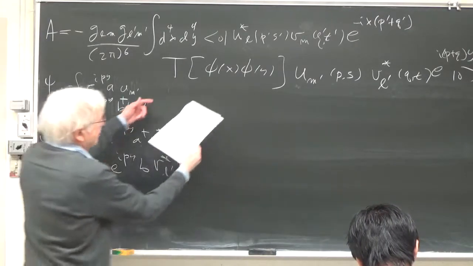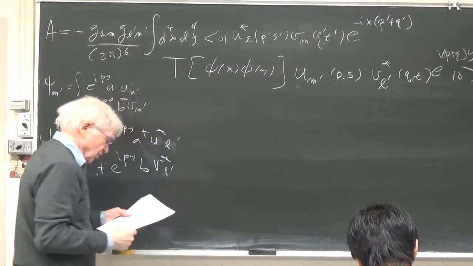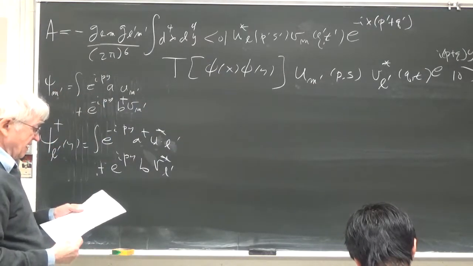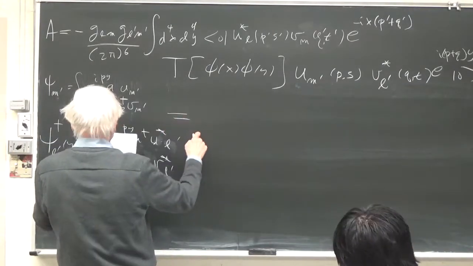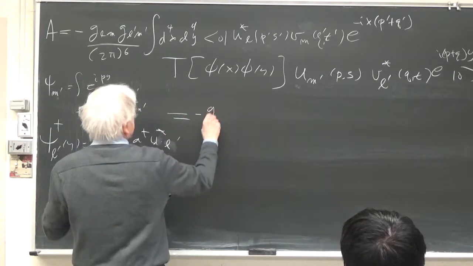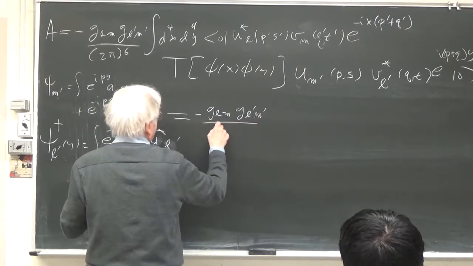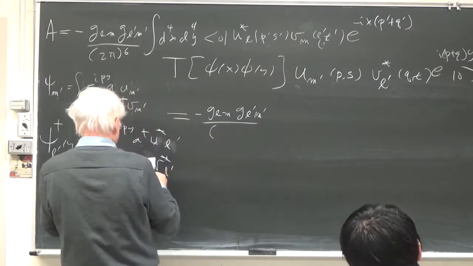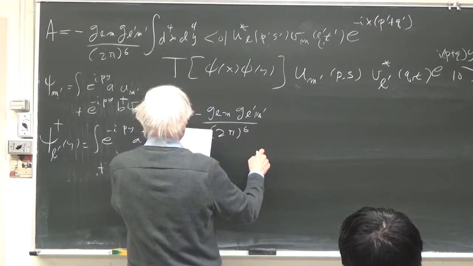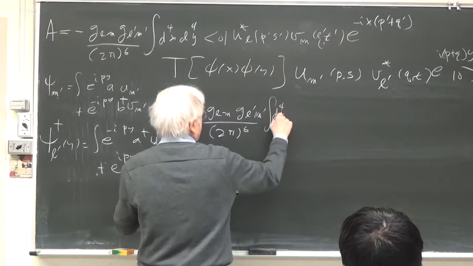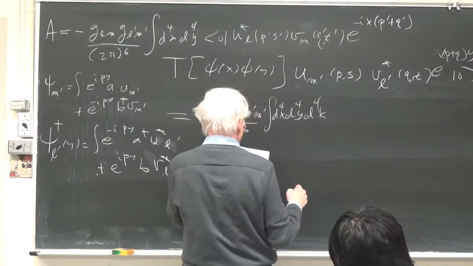And now the scalar propagator means that we put in an integral over k, and so what we have is minus G_LM, G_L'M', 2 pi to the 6th, integral d fourth x, d fourth y, and we have a d fourth k for this propagator.